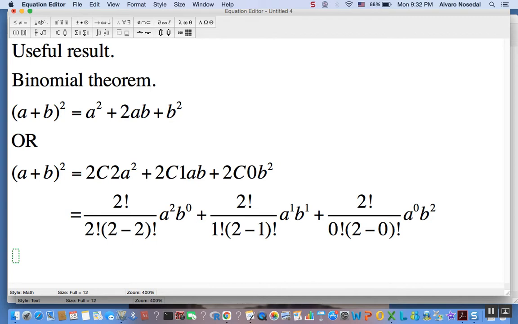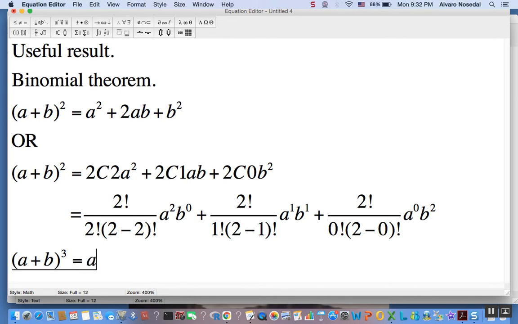We know that we could rewrite (a plus b) cubed also in a similar way.